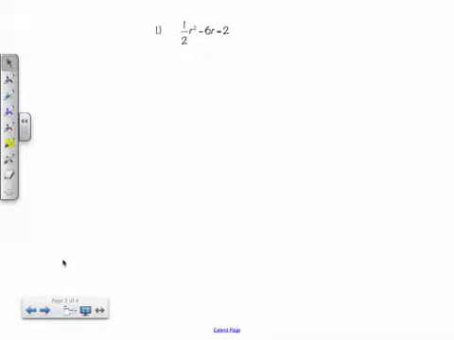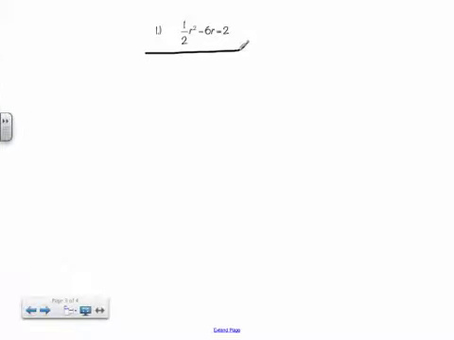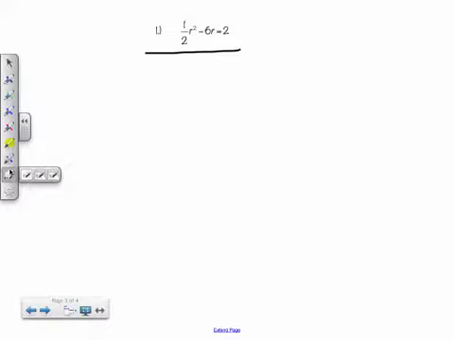All right, so in order to solve this problem, let's use the quadratic formula. So remember, this has to be in the format ax squared plus bx plus c equals 0. So first thing I'm going to do is get everything on one side.